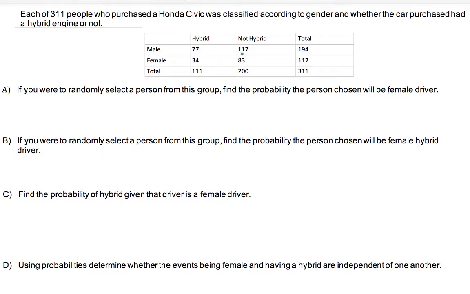Okay, look at the table. So you have hybrid, not hybrid, male, female. So I will use letters. For the hybrid, I will use H for the hybrid set. Then not hybrid, you can use H complement or another letter.